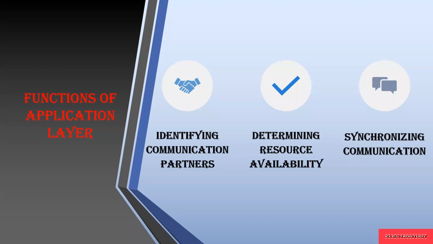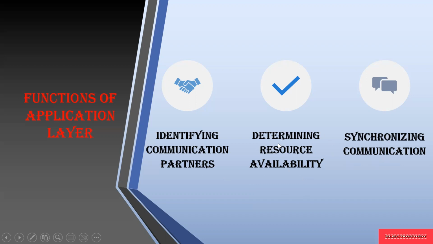Next, the application layer provides some functions. What are the functions? Identifying communication partners, determining resource availability, and synchronizing communication. Identifying communication partners is where the client will identify the server application layer.